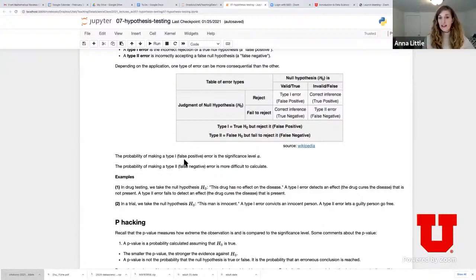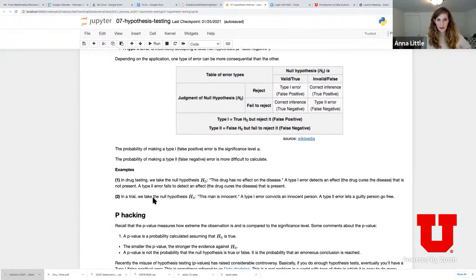This is the significance level alpha. So if you take a really small alpha, then this is very unlikely to happen. But there's a downside: if you take your alpha to be small, then you're going to make a lot more type 2 errors. Although the exact probability for a type 2 error is hard to quantify precisely, there's definitely a relationship.